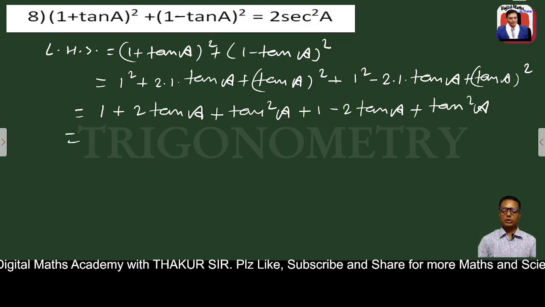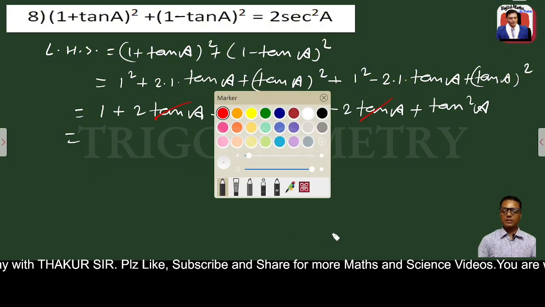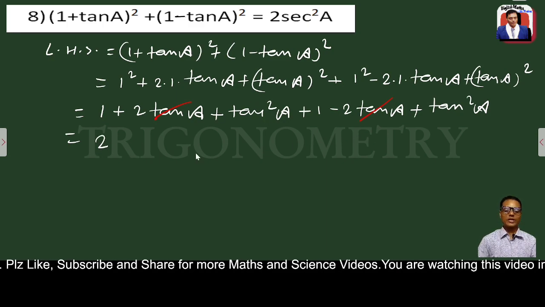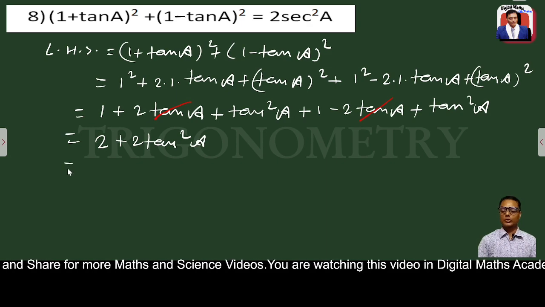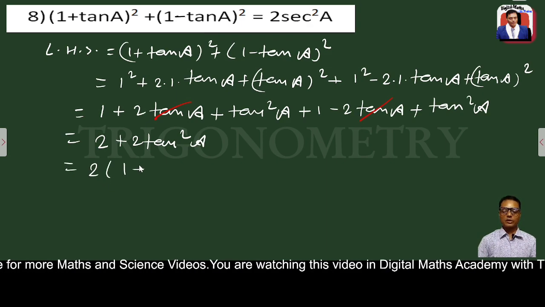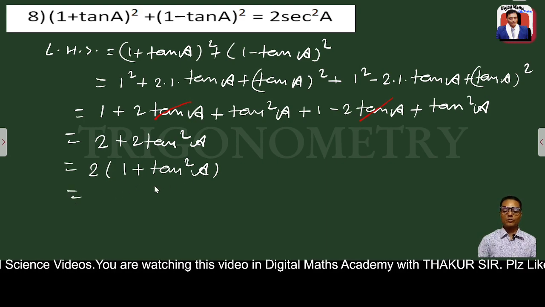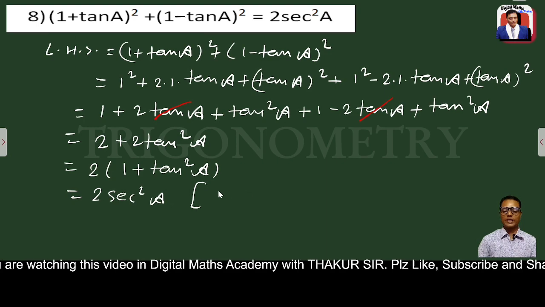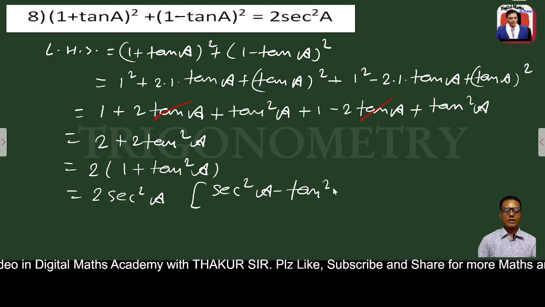After that, plus 2 tan a and minus 2 tan a will cancel, and remaining we have 1 plus 1 is 2, and tan² a plus tan² a equals 2 tan² a, isn't it? So we can take 2 common, and we have 1 + tan² a, and finally 1 + tan² a equals 2 sec² a, right? So we know that sec² a − tan² a equals 1.